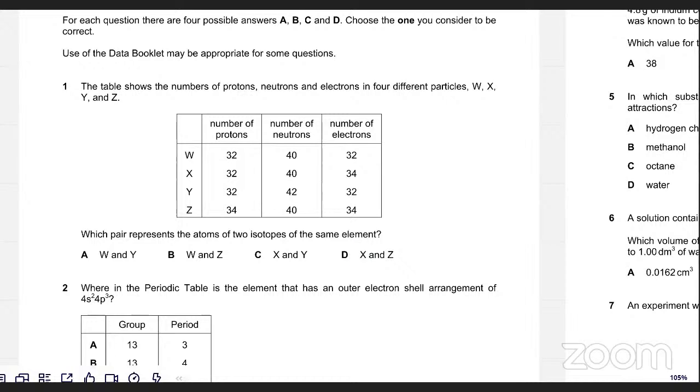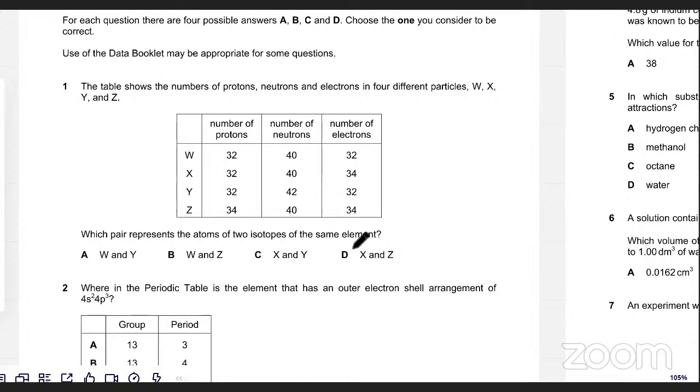So that's pretty easy. Okay, isotopes. Which two are isotopes? Can anyone quickly answer this? X and Y. ठीक है, X and Y are isotopes.